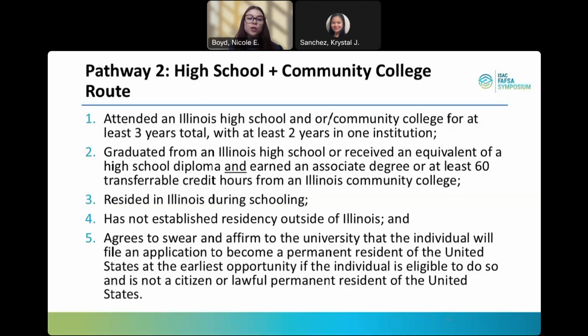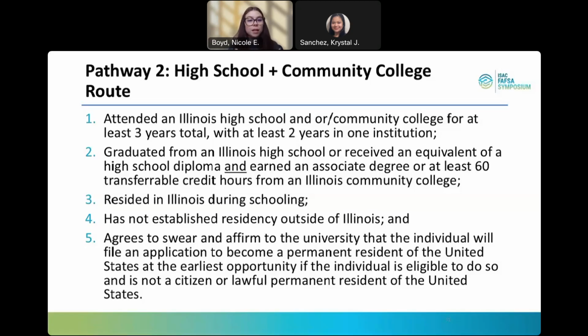And then moving on now to Pathway 2, like I said, this is a new pathway, and this is the high school and community college route. The eligibility criteria for this pathway is that the student has to have attended an Illinois high school and/or community college for at least 3 years total, with at least 2 years in one institution.